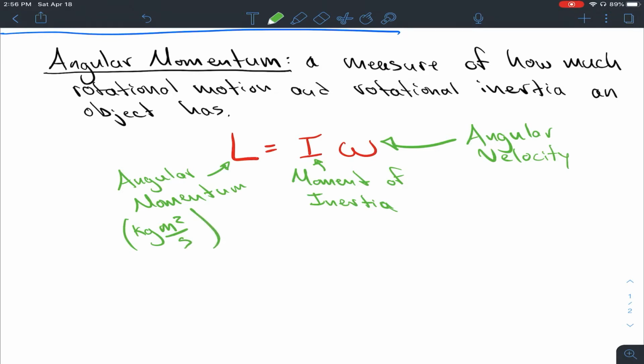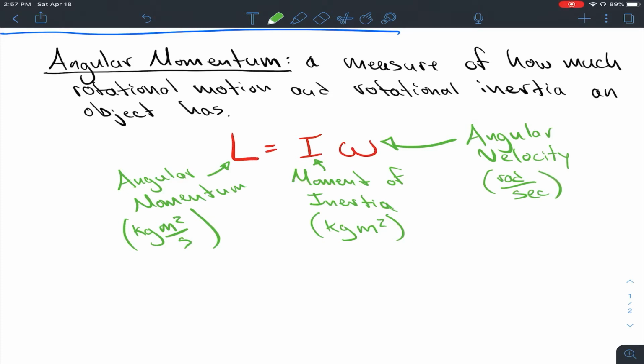So let's see if we can figure out where that comes from. Well, moment of inertia is mass times radius squared, so that's kilograms meters squared. And then angular velocity is radians per second.